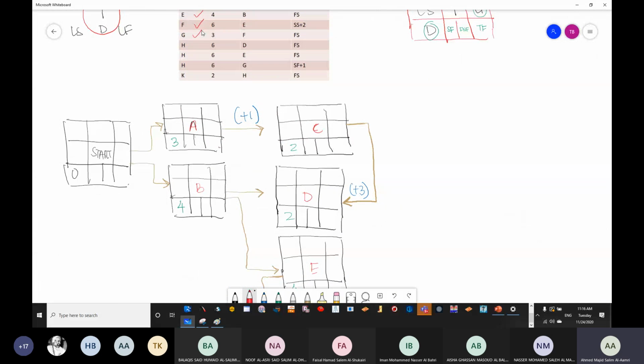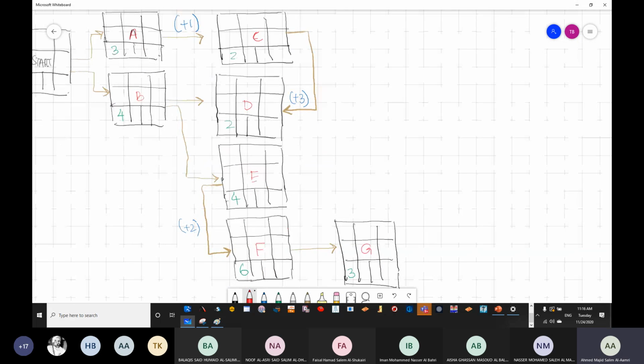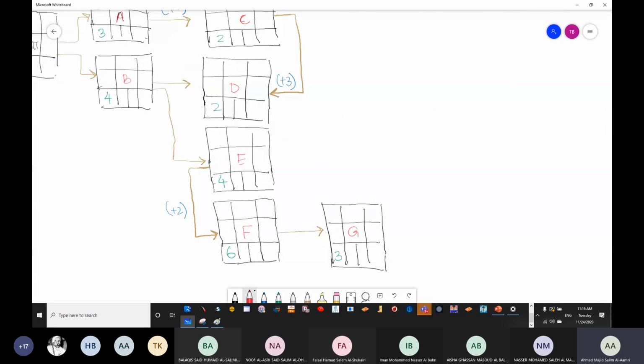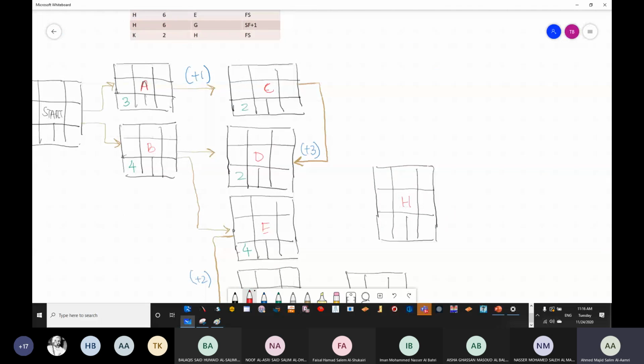Now H is having 3 relationships from D, E, and G. Okay. D, E, and G. So we'll draw it somewhere here. So this is my H. The duration of H is 6 days.